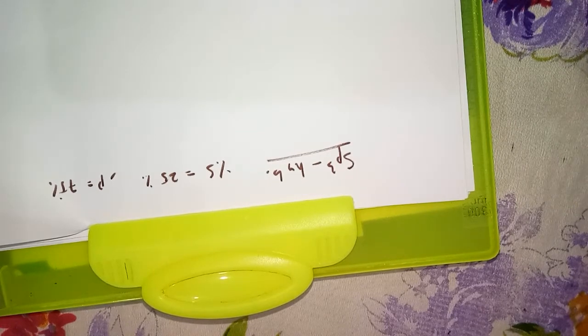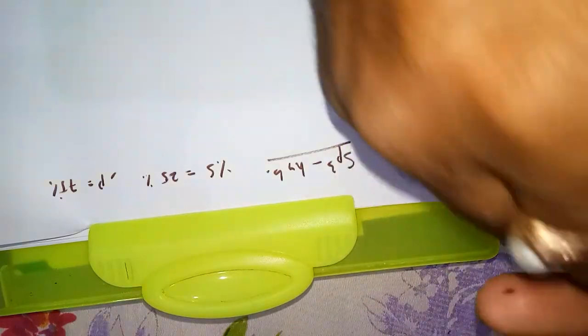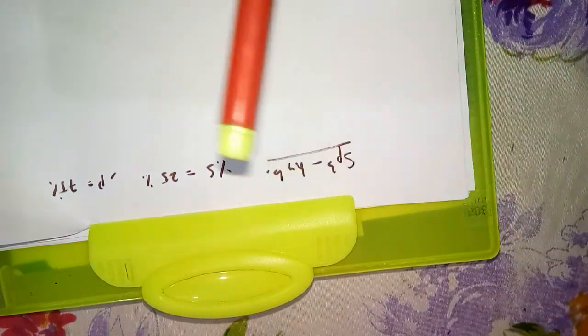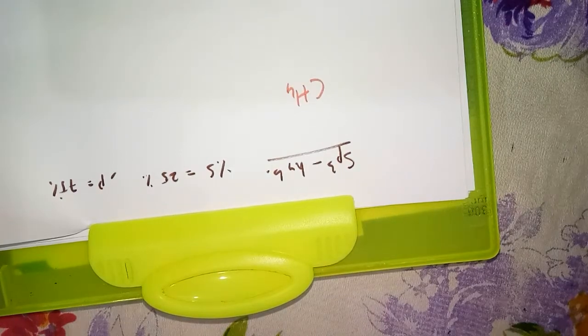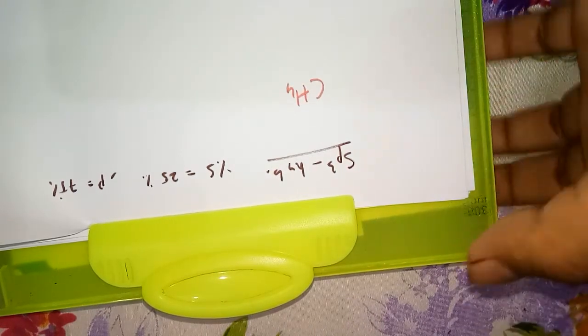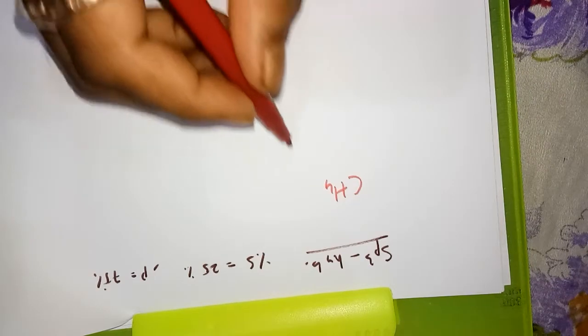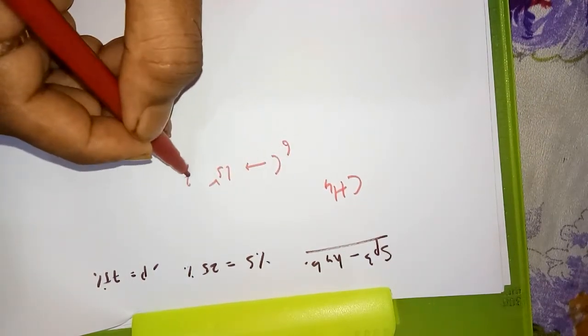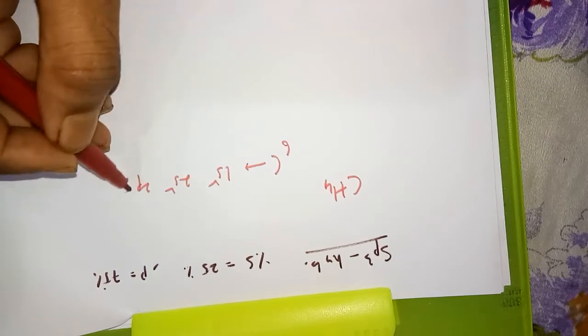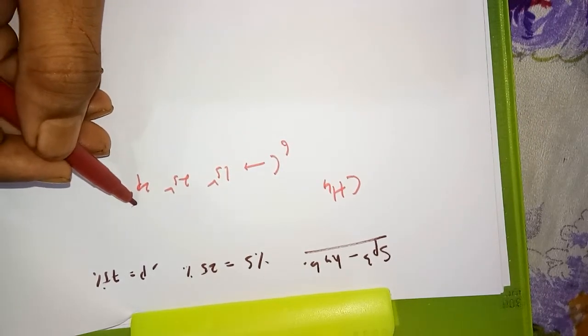So in this, the example is your CH4. Just see how we'll solve that one. Carbon 6, 1s2, 2s2, 2p2.